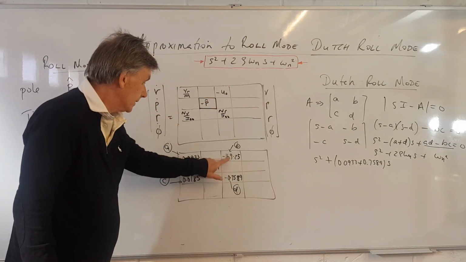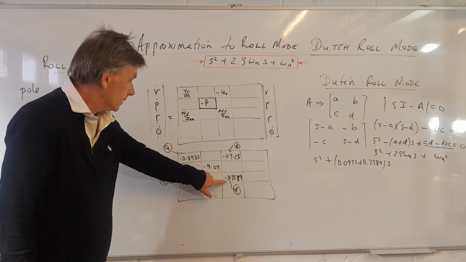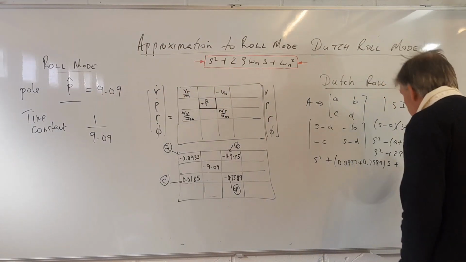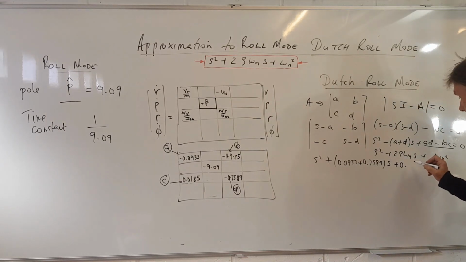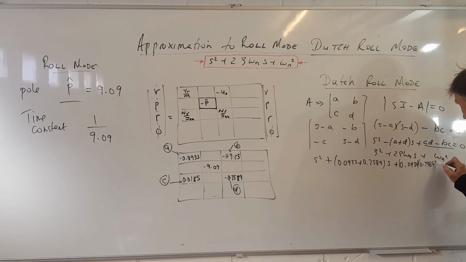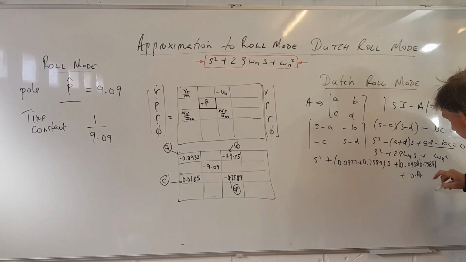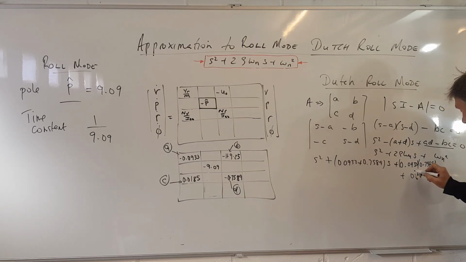This part here is fairly straightforward to get. It's just this times this minus this times this. Minus times minus is a plus, so it's going to be plus 0.0933 times 0.7589 plus 0.0185 multiplied by 169.25.